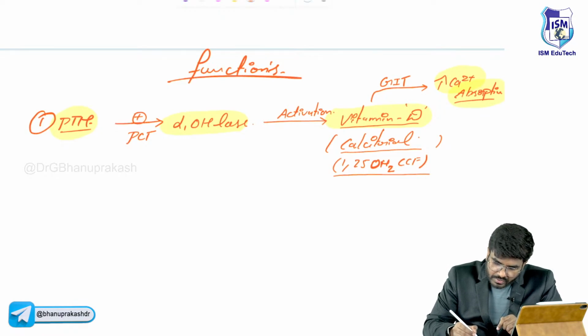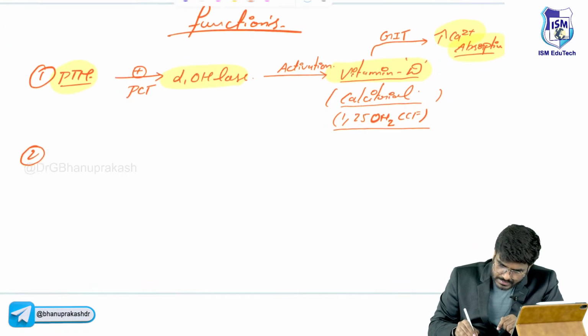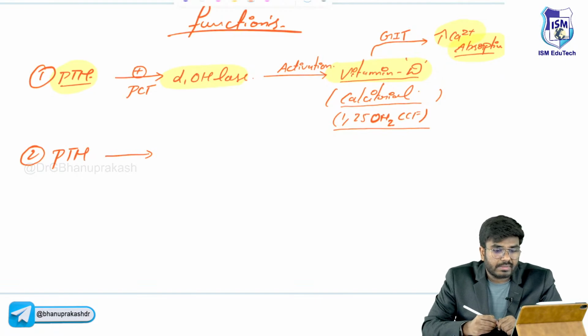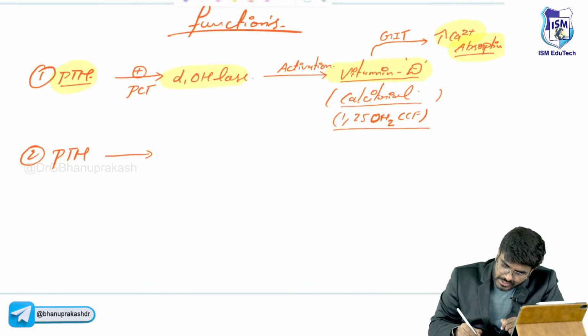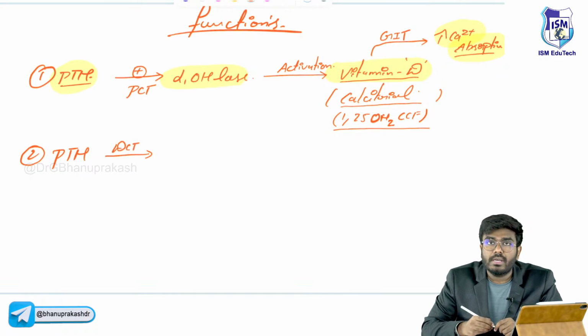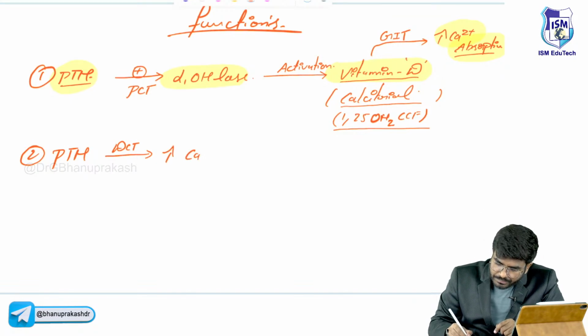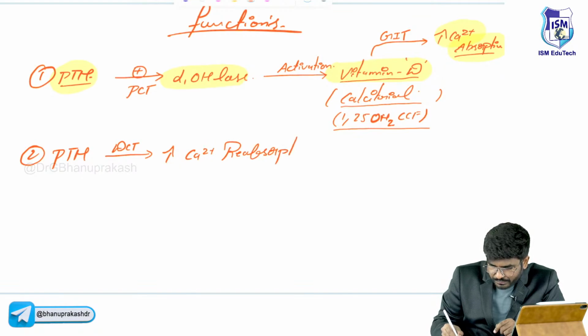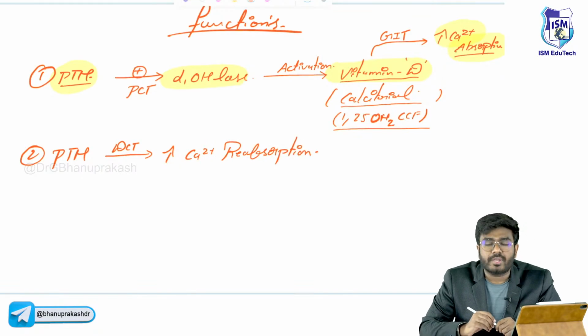The next function is of parathyroid hormone. It acts on the kidneys, especially the distal convoluted tubule, and increases the calcium reabsorption.